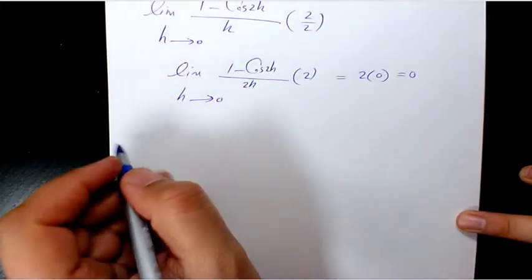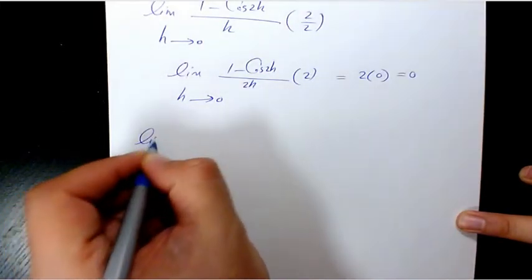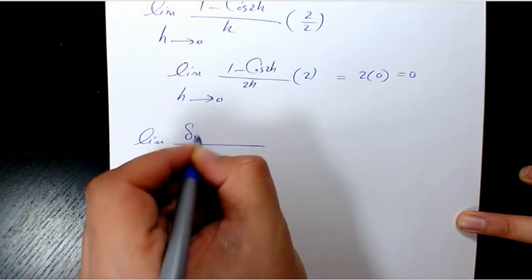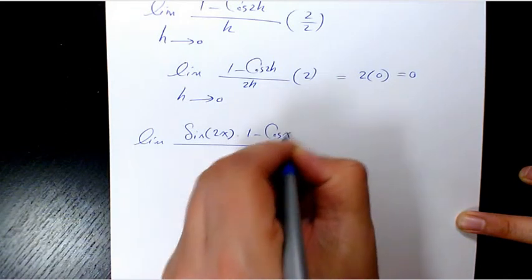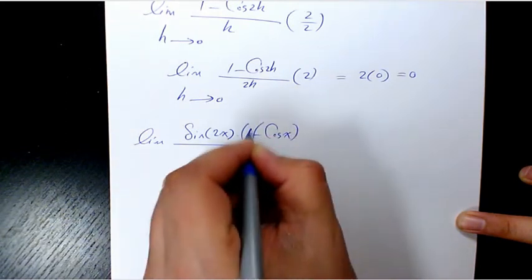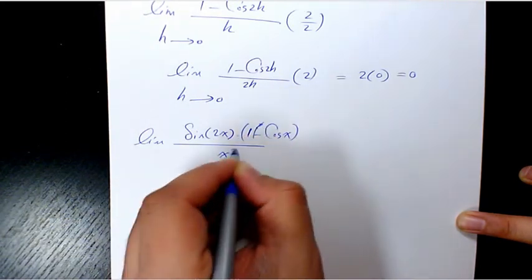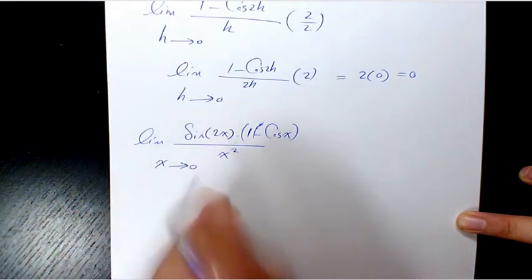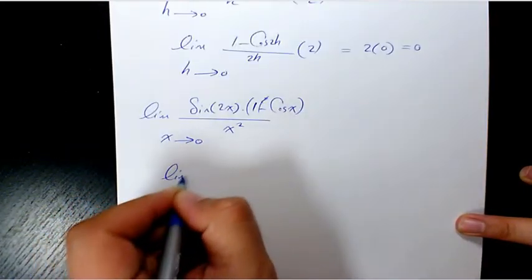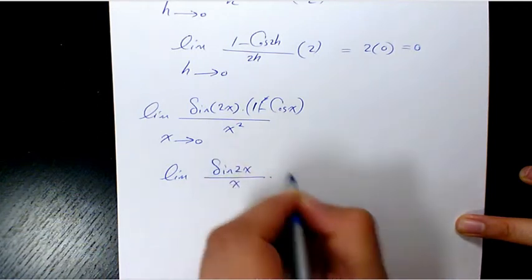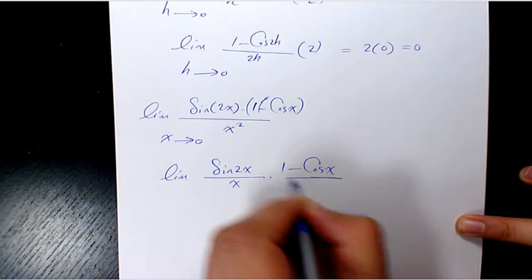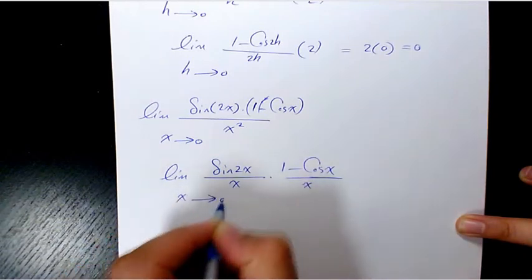Next one is the limit of sine 2x times 1 minus cosine x over, that's 1 minus cosine x squared, when x is approaching 0. You can separate them and write it as sine 2x over x times 1 minus cosine x over x when x is approaching 0.